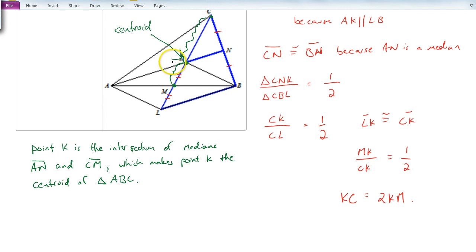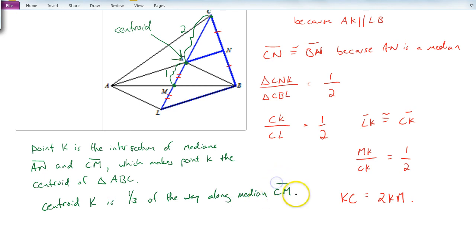That's 1, and then that's 2, if you count units. So we'll just say that centroid K is 1/3 of the way along median CM.